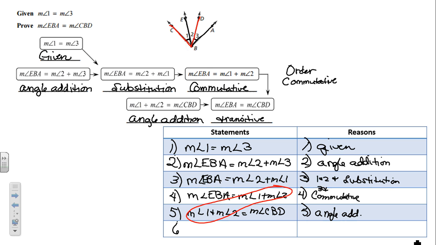So measure of angle EBA equals the measure of angle CBD by transitive. We remove the redundancy. Okay?